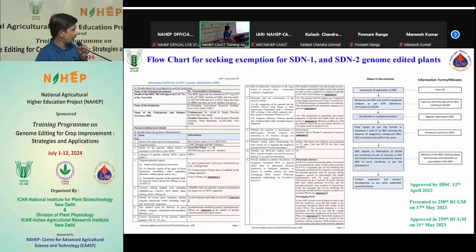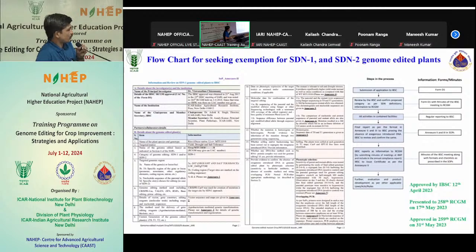After that we made the transgenic line. Once you get the mutation, you again have to make a document like this and submit it to IBSC. IBSC will approve and send it to RCGM. This was approved recently.